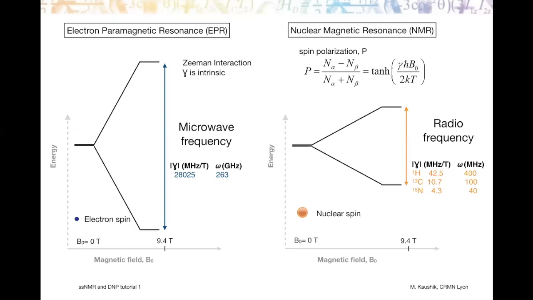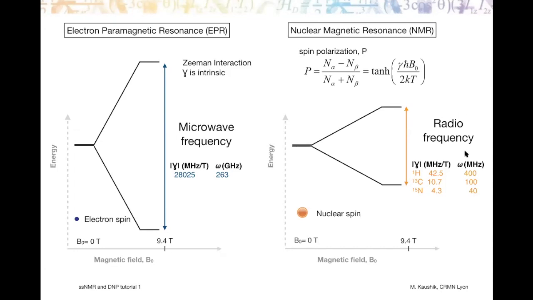And the extent of this splitting is given by an intrinsic factor called gamma. For electron spins, it is a much wider range that falls in microwave frequency. For nuclear spins, it falls into radio frequency. So that's the reason why for EPR we use microwaves and NMR we use RF.